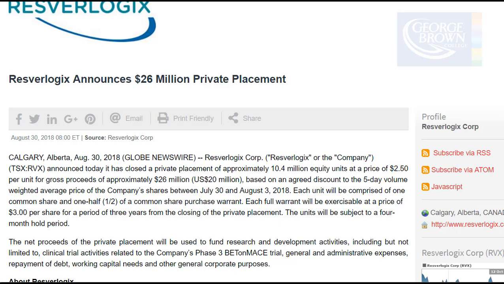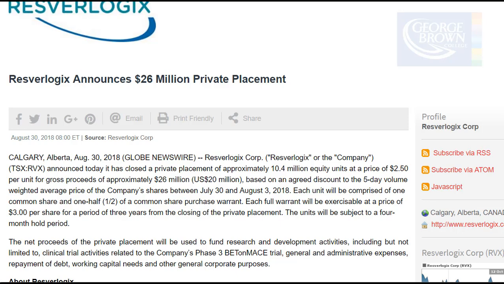And those warrants can be exercised at $3 per share for 3 years after the closing. So if the stock goes up to $4 or $5, those investors are going to exercise their warrants, okay? So this is a way of, again, raising capital for the company, Resverlogics.